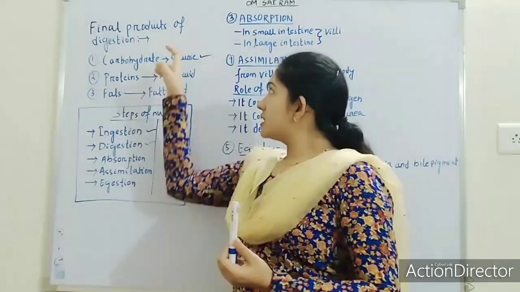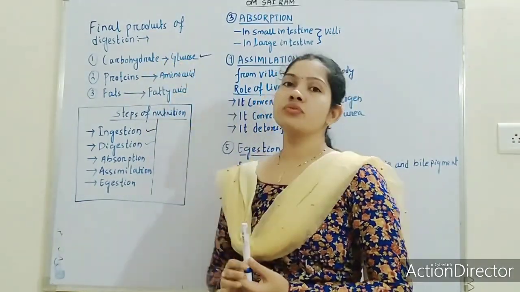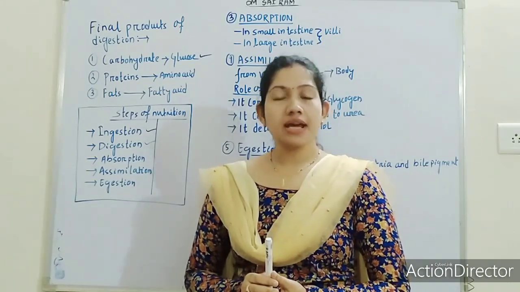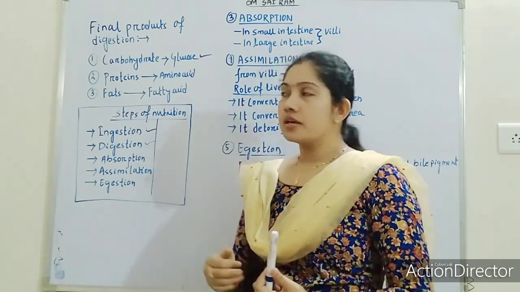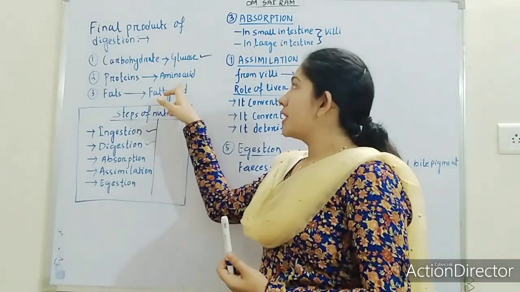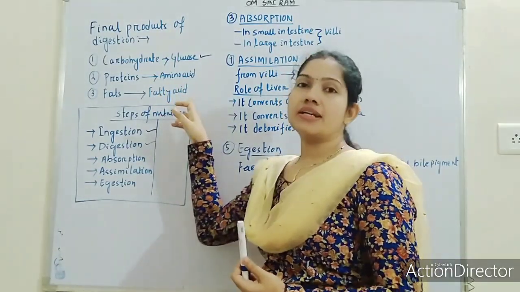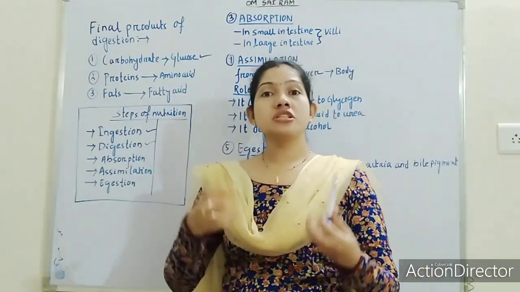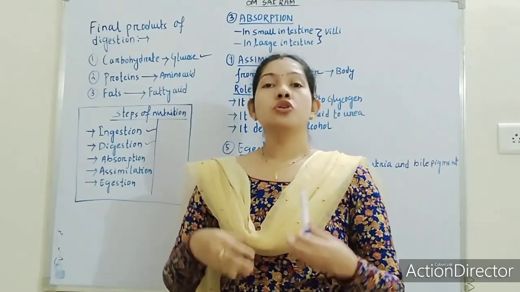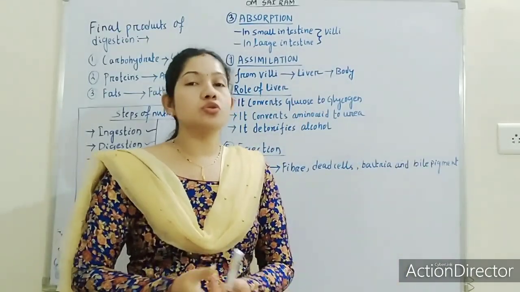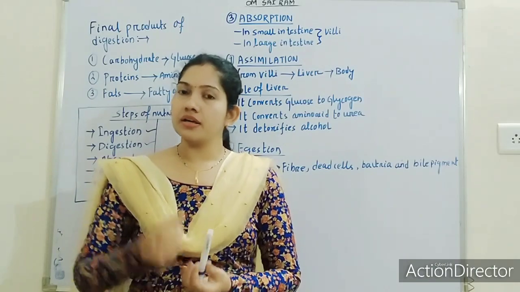So these are the outcome of what? The digestion. At last our body gets glucose, amino acids and fatty acids, which are used in our body to release energy, to do several works throughout the day.